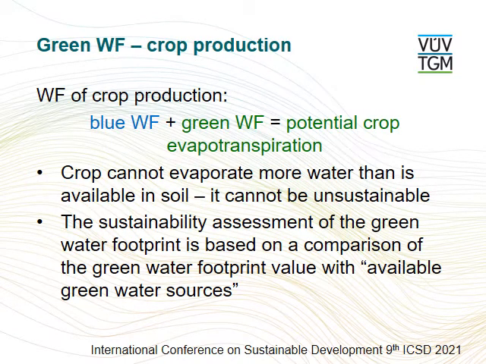Okay, now we are going to examples of issues in the sustainability assessment. The first example is focused on crop production. Water footprint of crop production is defined as the potential crop evapotranspiration, which is divided between blue and green water footprint.